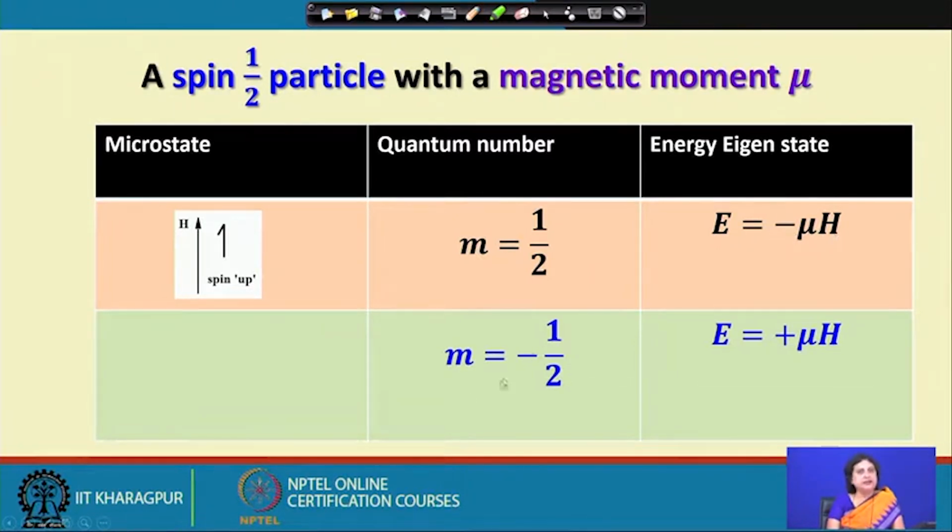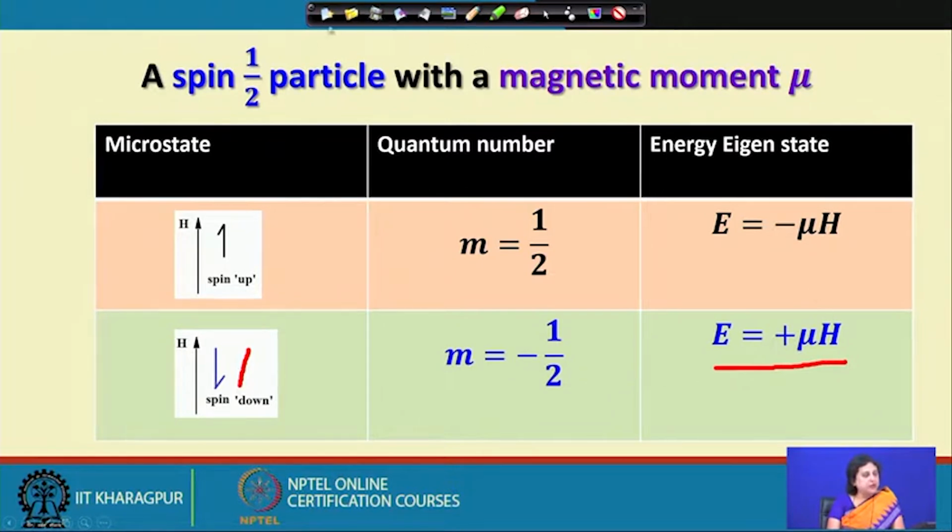On the other hand, there is another possibility allowed by the rules of quantum mechanics, and that is the spin down state, where the single spin half particle that we are considering is now directed opposite to the direction of the applied field, and accordingly its energy is E is equal to plus mu h.